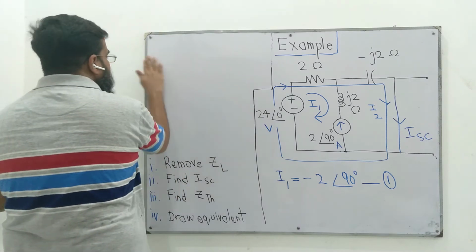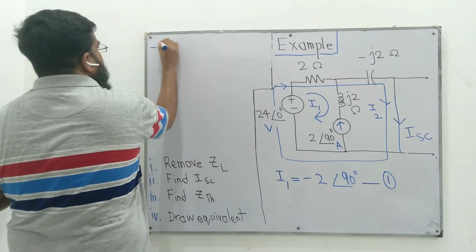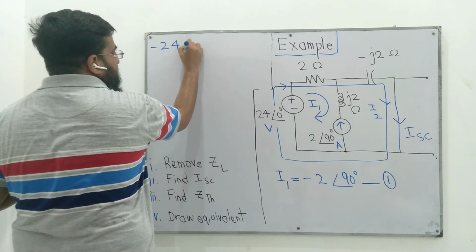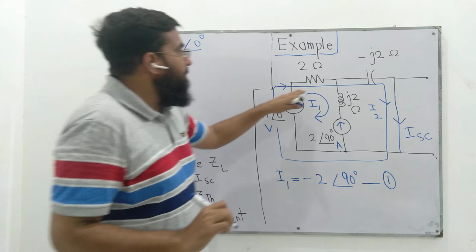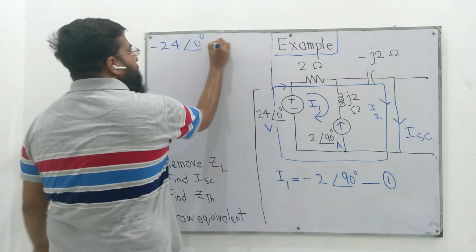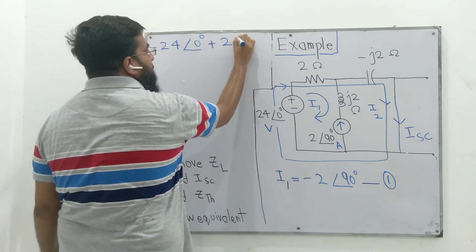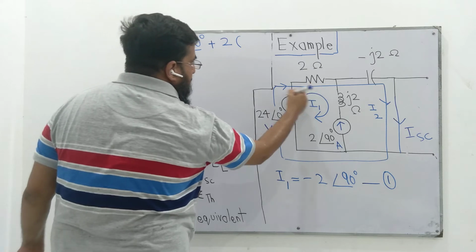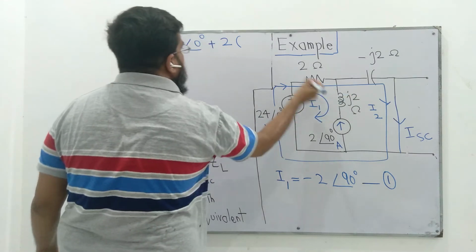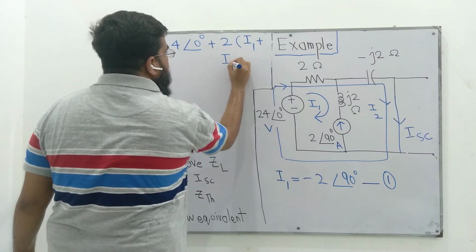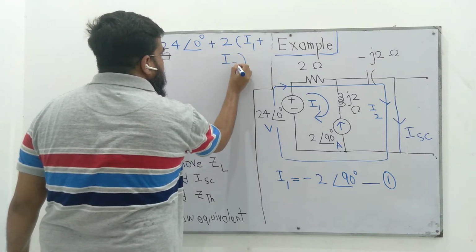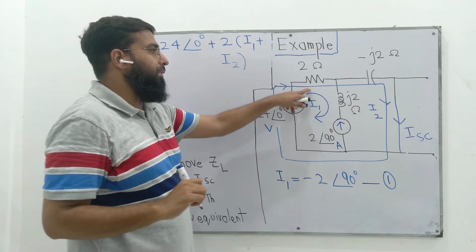This means it's a voltage rise, so we'll write it as negative. Plus, through this 2 ohm resistor, there are two currents, I1 flowing rightwards and I2 flowing rightwards. So we have two currents flowing through this 2 ohm resistor.